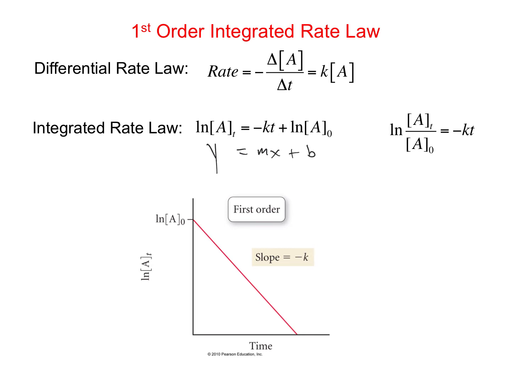And so if we were to plot on the y-axis the natural log of the concentration, and on the x-axis we plot the time, then when we make that plot, the slope of that line will be equal to the negative of the rate constant.